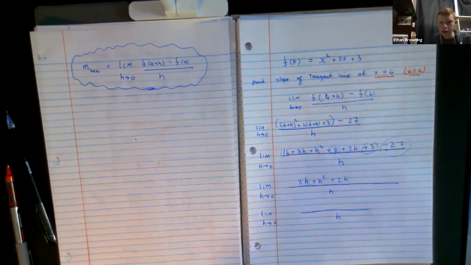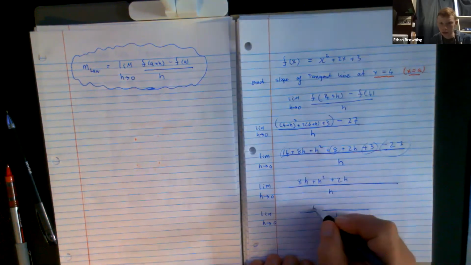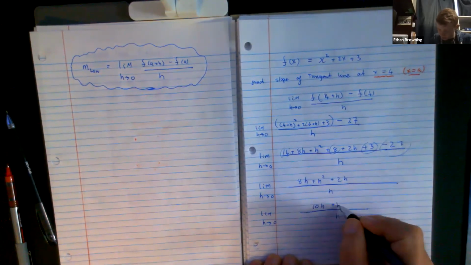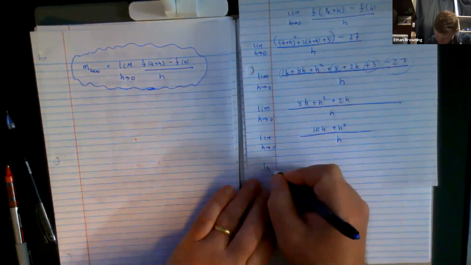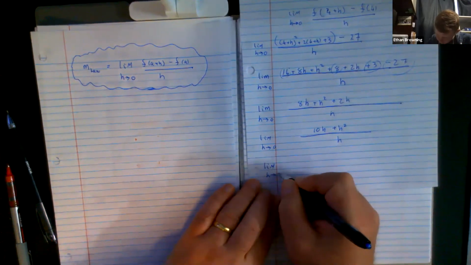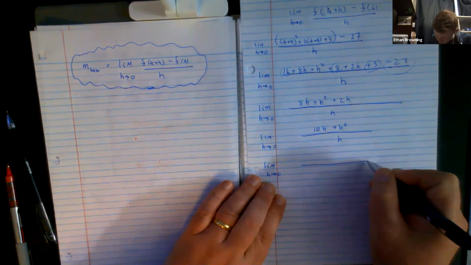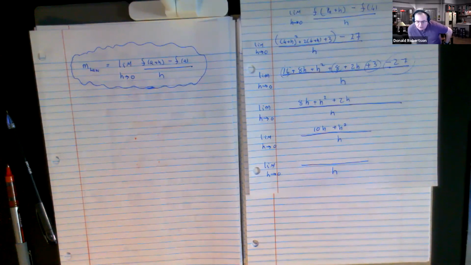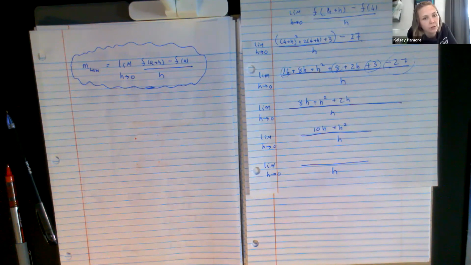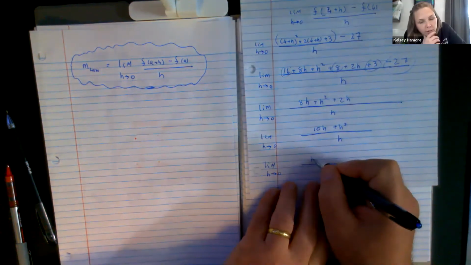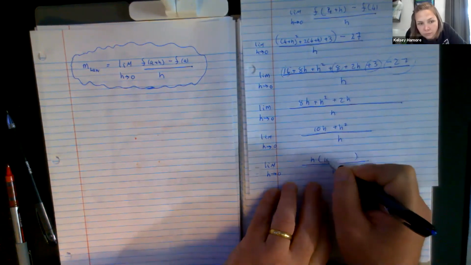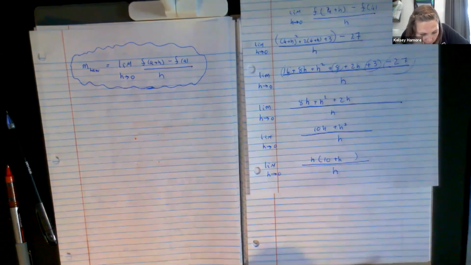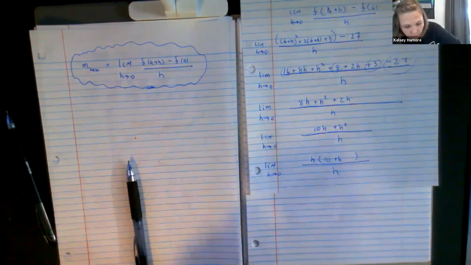Combine the 8h and 2h. Think factor and cancel here. Is there anything I can do to the top line? Yeah, you can factor out an h and cancel, right?